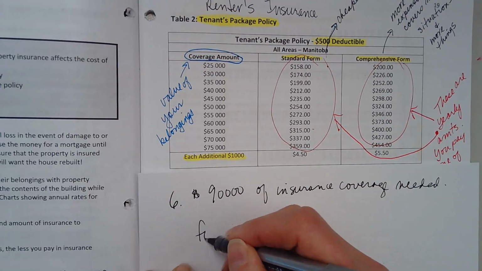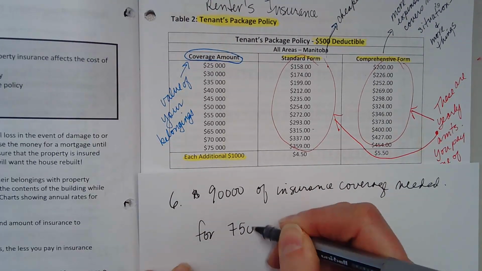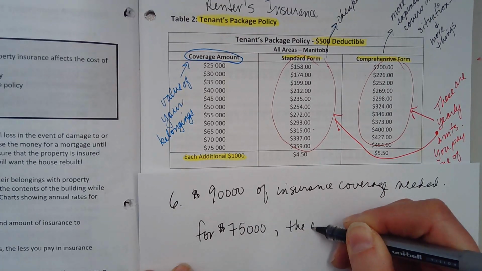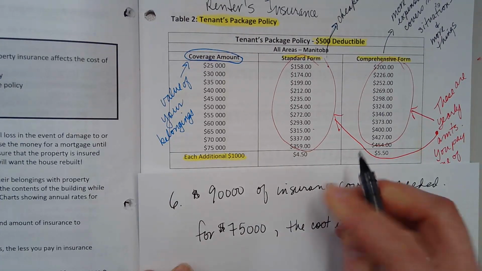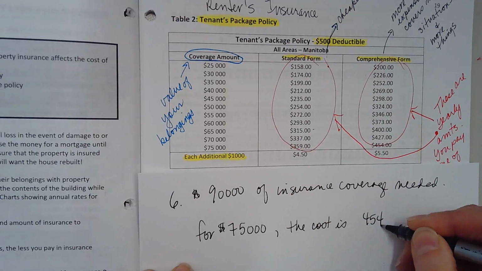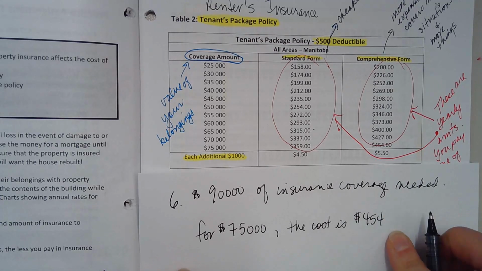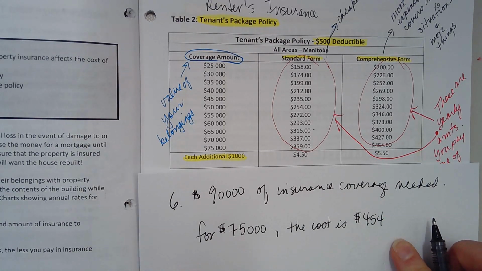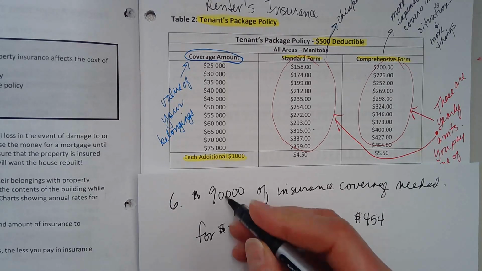Okay, so for $75,000 the cost is 454. Agreed? Yeah? Okay, how much extra do I need?